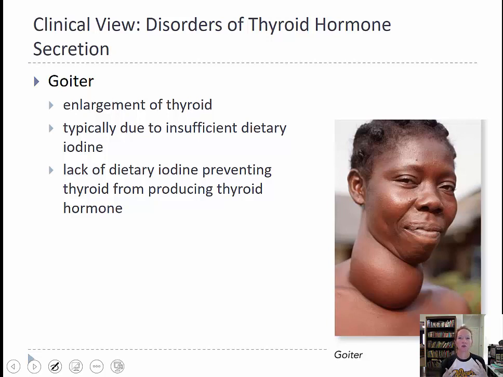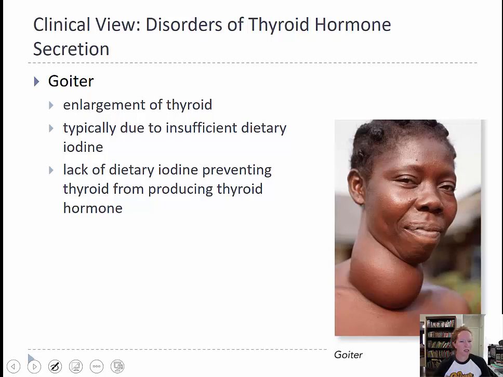And so it gets kind of swollen because of this overworking that's happening right there in the thyroid gland. So this is showing a goiter. People can have goiters and not even know it, where it's just kind of a little bit of enlargement, and that's what the doctor's going in and feeling for. But this is going to be kind of a little bit more of an extreme that's happening.